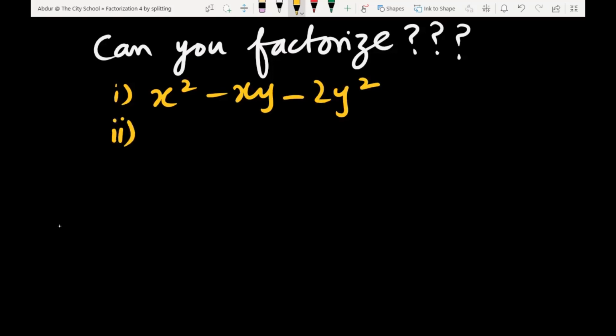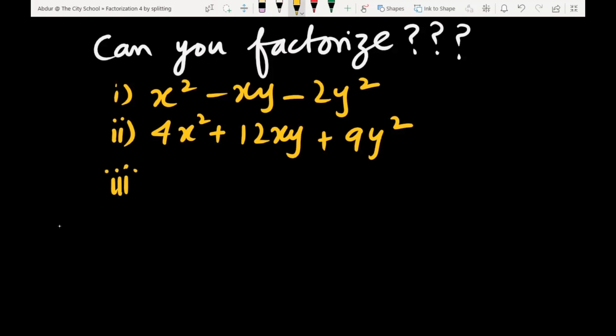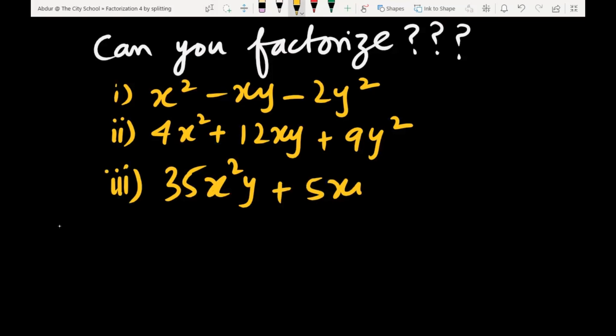That is a quadratic expression with two variables, like 4x square plus 12xy plus 9y square, or 35x square y plus 5xy minus 30y.